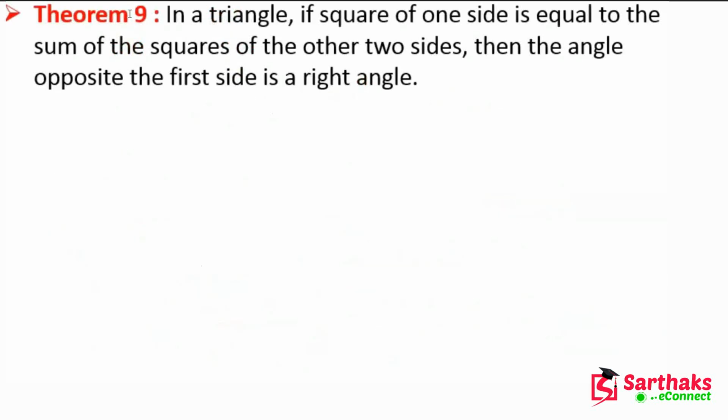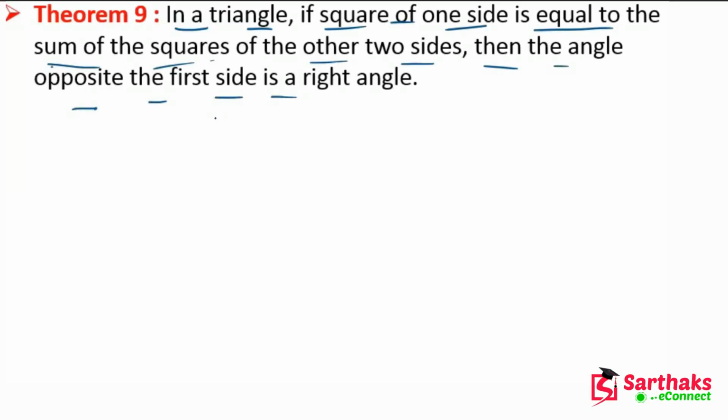Yes, theorem number 9. In a triangle, if the square of one side is equal to the sum of the squares of the other two sides, then the angle opposite the first side is a right angle.